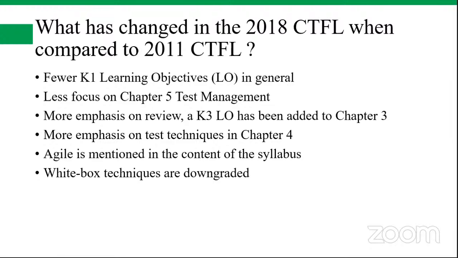You have more emphasis on reviews, which are part of chapter 3. Test techniques are given more importance. Agile is coming into the picture, and white box techniques get downgraded. This is just a synopsis of what has changed over time, and it should definitely be kept in mind while preparing for the exam.